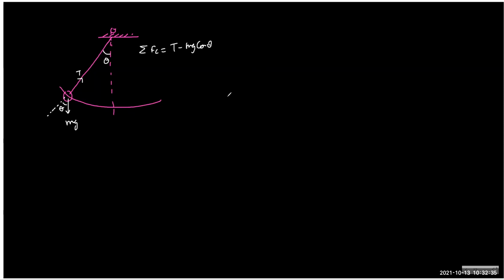Now imagine we have a car moving on this track, and maybe I'm representing the car as a box, and gravity is acting down. What is the centripetal force here? Is this a horizontal plane or a vertical plane?